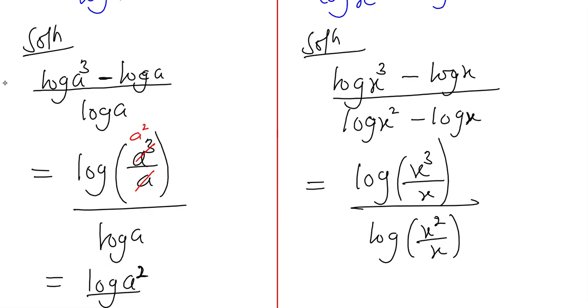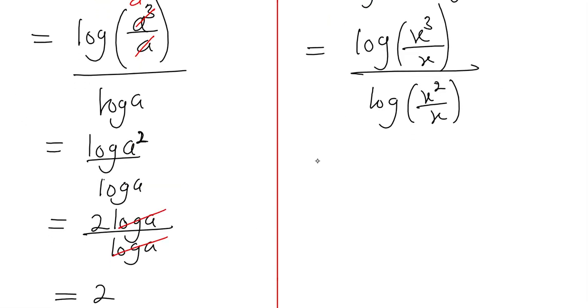Now at this point, we can see that this x cubed, the x at the denominator can go through the x cubed at the numerator. So at the end, we have here logarithm of x squared, and when x cancels x squared, we are going to have x here.